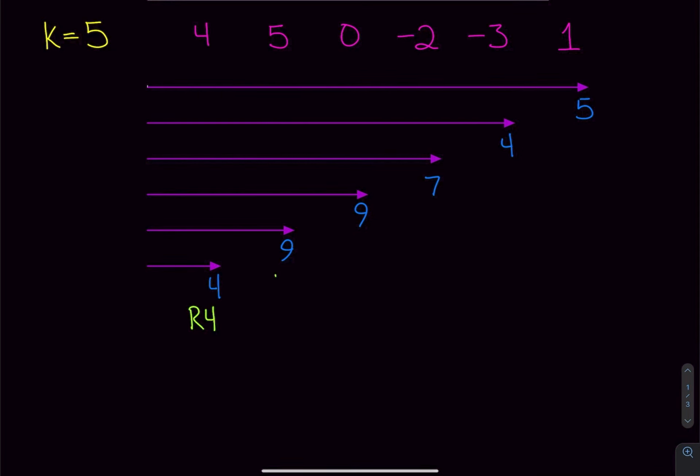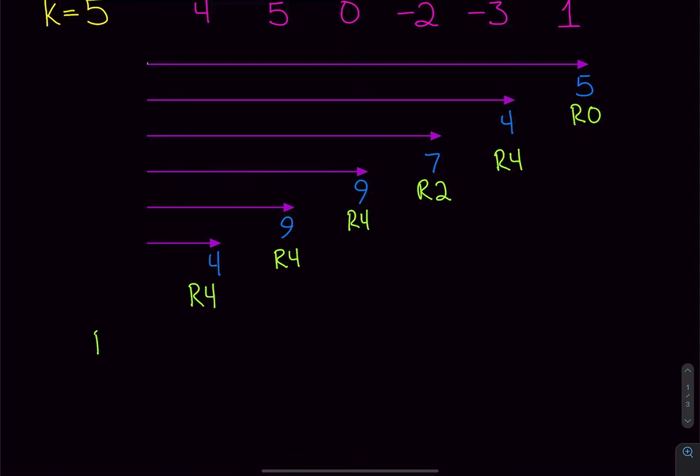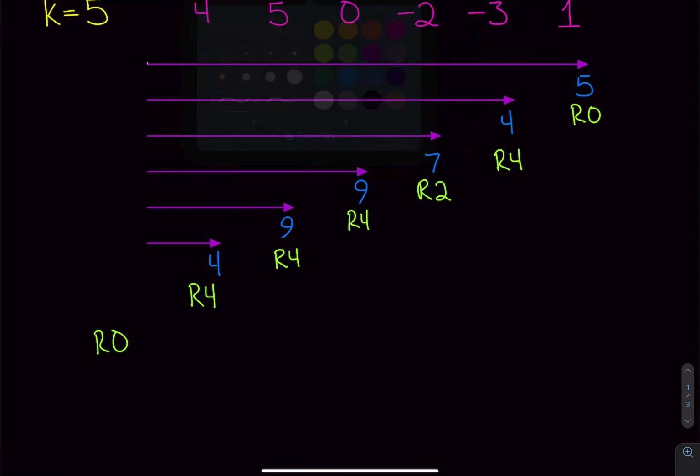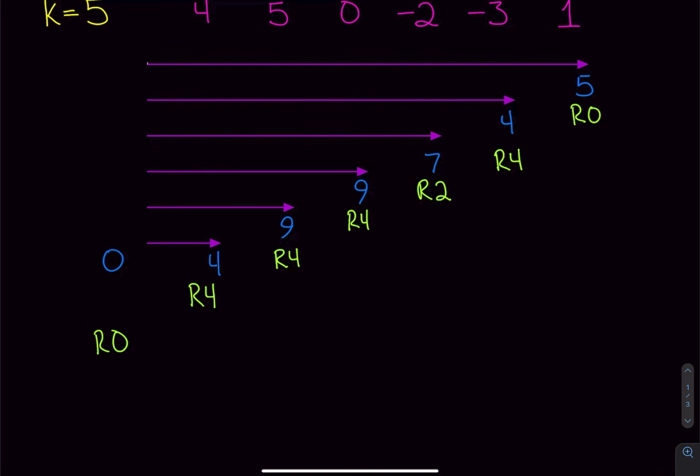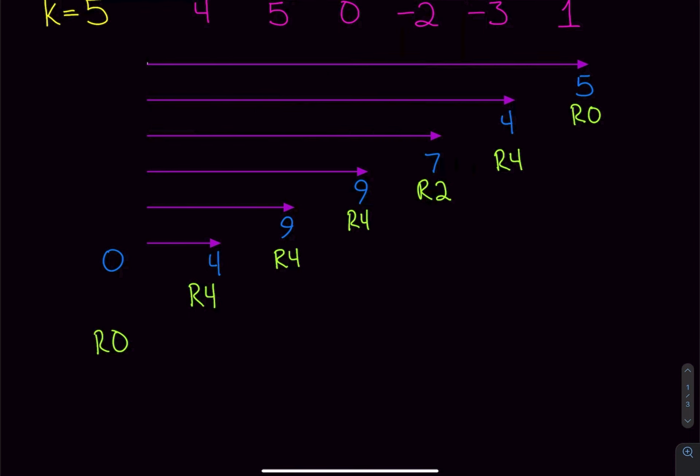This one also has a remainder of 4. Remainder of 4. Remainder of 2. Remainder of 4. And remainder of 0. But we're also going to include a remainder of 0 initially, because our running sum at the start is 0.